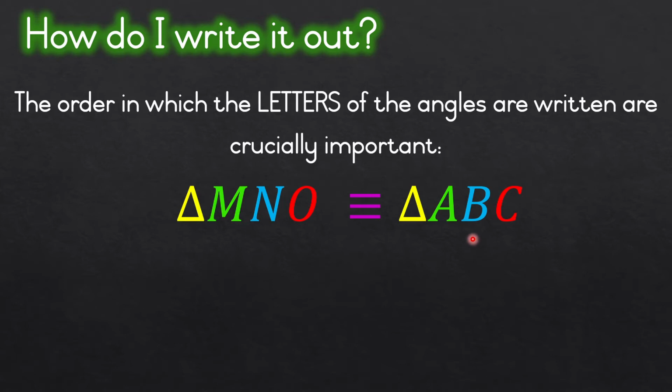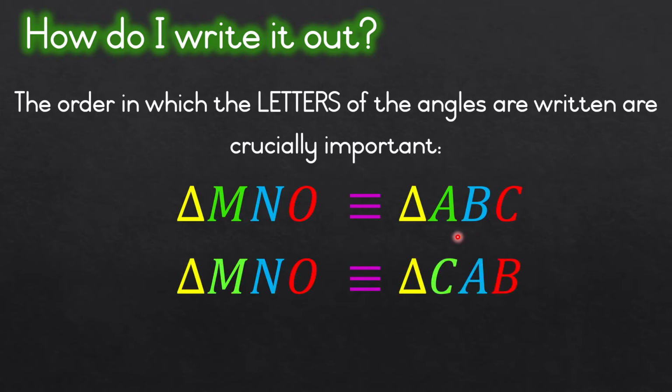However, if I change the order of the letters, for example, I change these three angles, now the angles are different. So M will now be equal to C, N is equal to A and O is equal to B. So my triangles are actually different triangles. This triangle is not the same as this triangle. They are actually two different triangles.